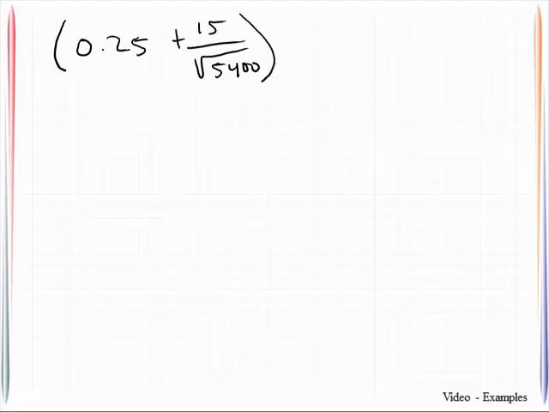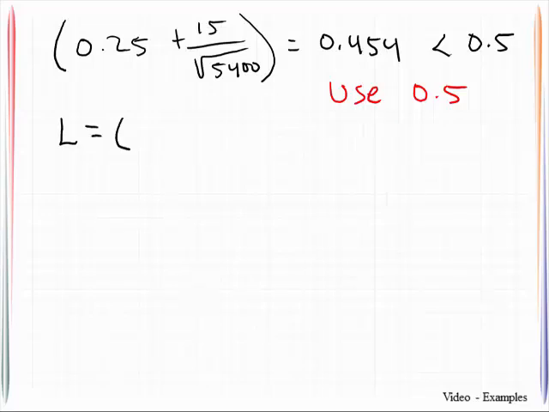We can now go ahead and get our reduction factor calculated. 0.25 plus 15 divided by the square root of 5,400 is equal to 0.454. Now this is actually less than the 0.5 that is allowed. So what we will do is we will go ahead and use 0.5 for our reduction factor.